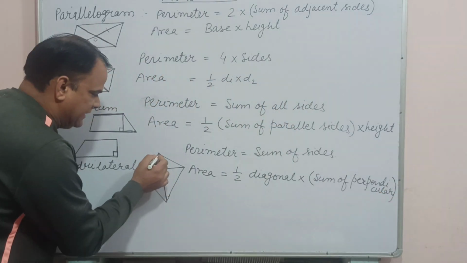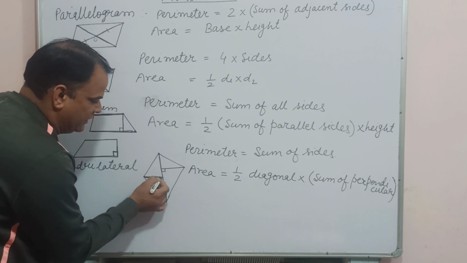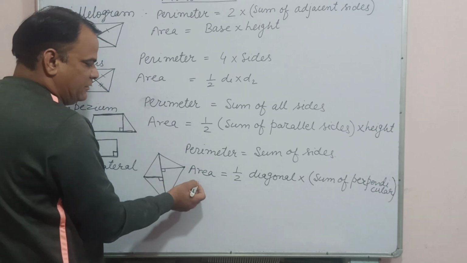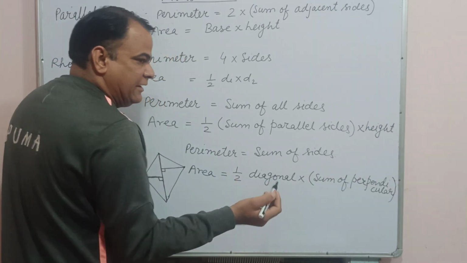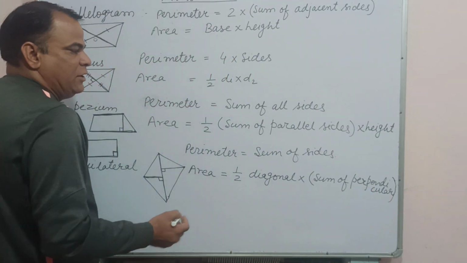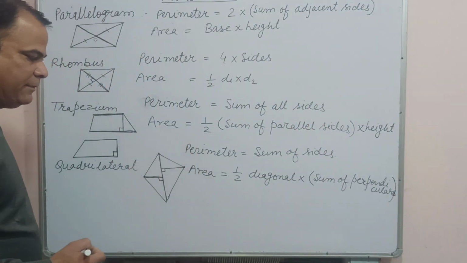This is the diagonal and these are two perpendiculars from the remaining two vertices. So the area of the simple quadrilateral equals 1 upon 2, the length of the given diagonal, into the sum of perpendiculars. There are two perpendiculars, so we write the sum.